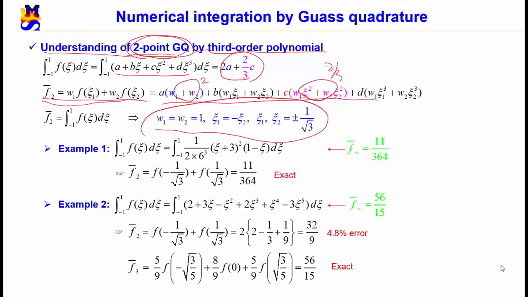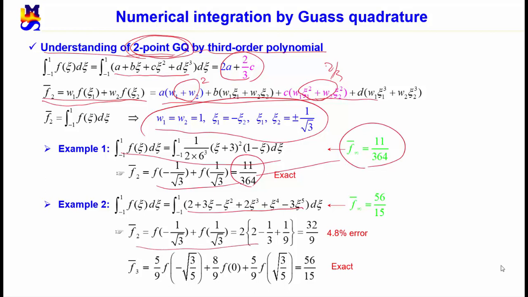For example, we can verify that hand calculation of this integral equals exactly the approximation obtained by two-point Gauss quadrature. However, when we apply two-point Gauss quadrature to calculate this fifth order polynomial, the approximation isn't exact, and the error amounts to 4.8%.